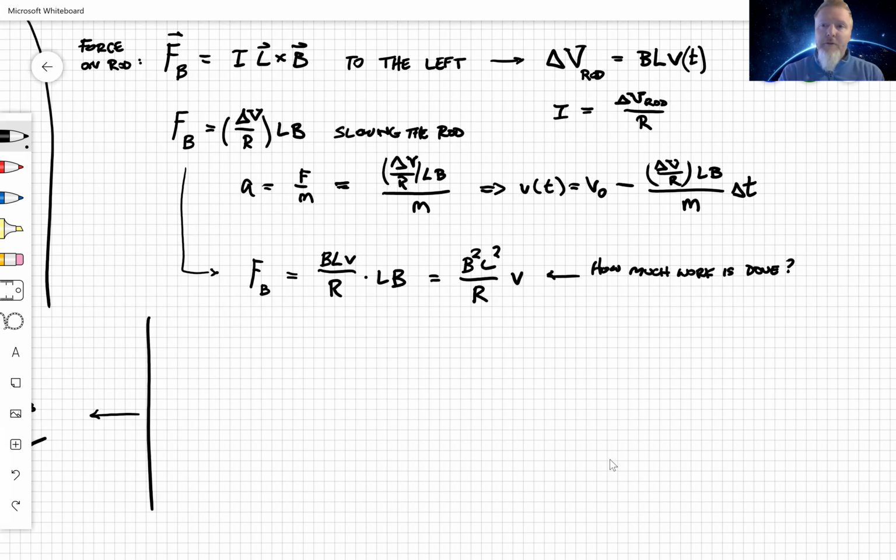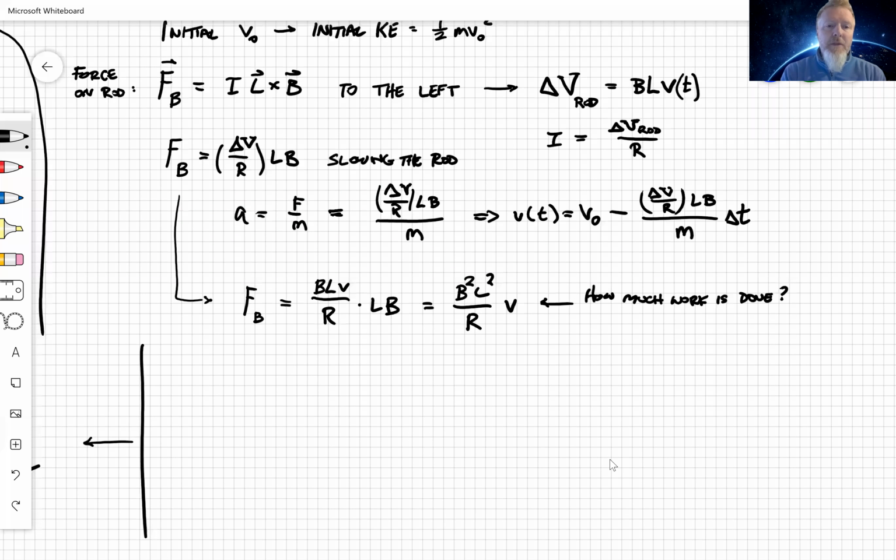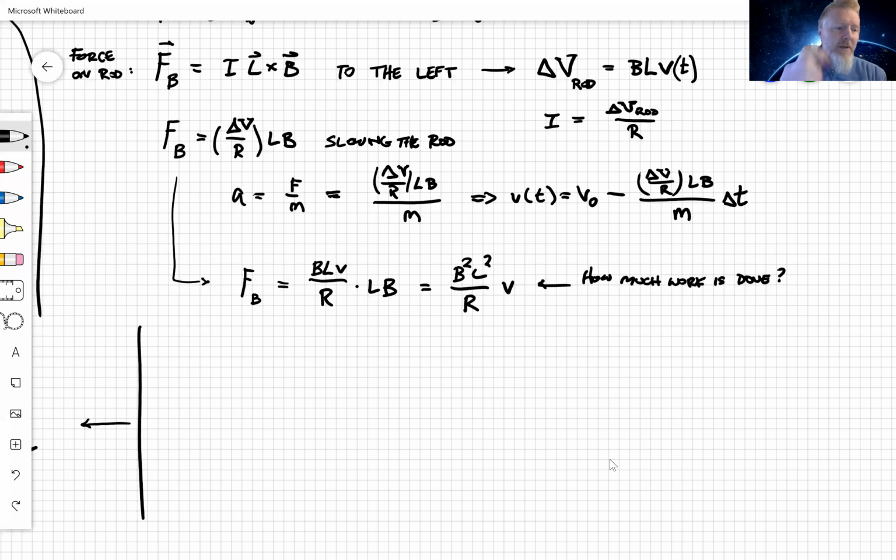So the force is changing, and if I want to know what the work done is, the work done is going to have to be essentially F dot ds, but this is not around a loop. We've been using dot ds as a circulation, but this is just a straight, maybe I should call it dx or something like that. So it's horizontal only. Okay.